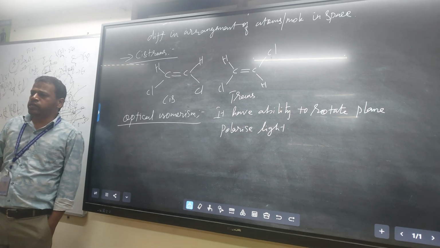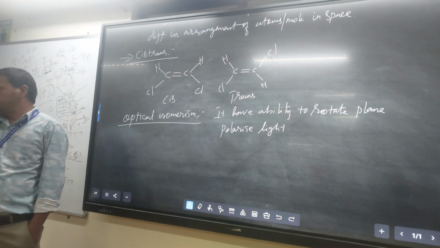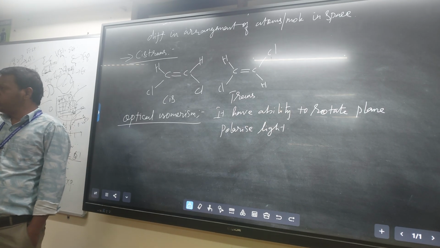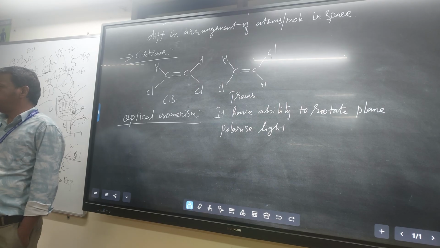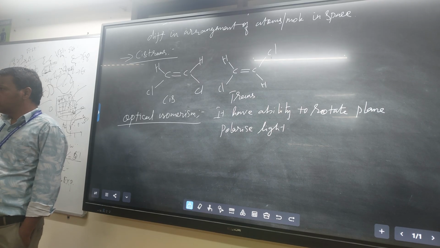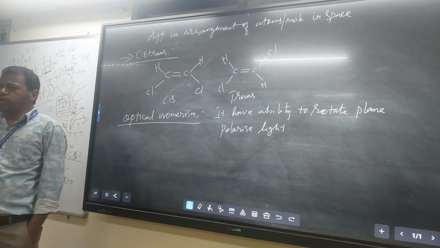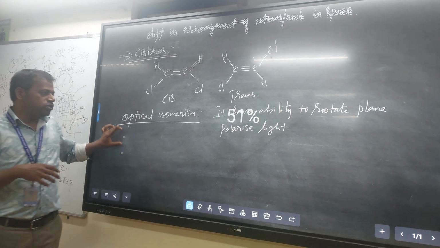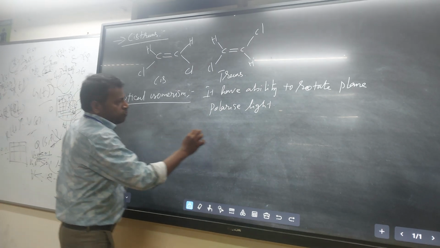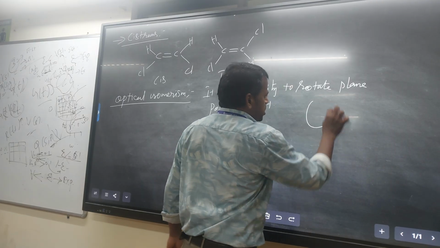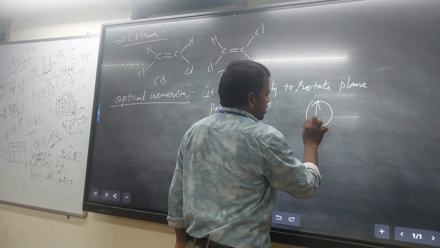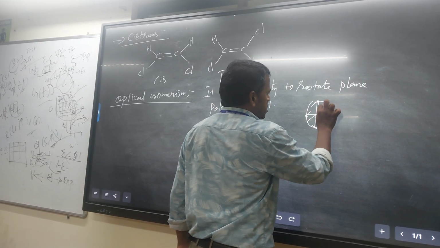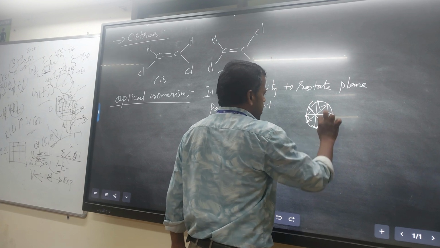What is plane polarized light? We also discussed that in the first unit. Ordinary light is polarized in all directions.